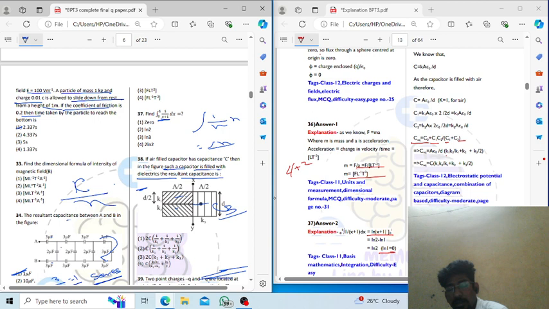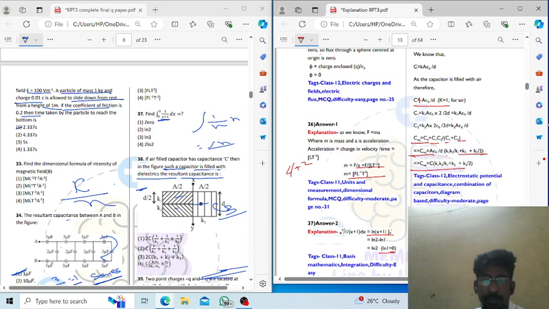It will be there here, but for any other medium it will become K. Okay, K epsilon naught A by D, that is the simple formula. So put the value. Therefore you can say for all the cases the A is equal, so this is A by 2, this is A by 2, and epsilon is equal.